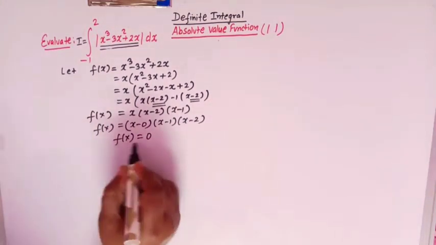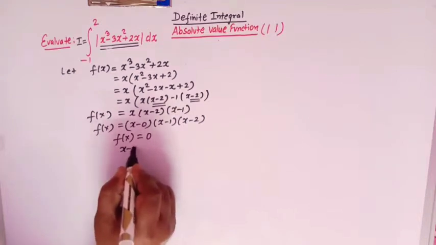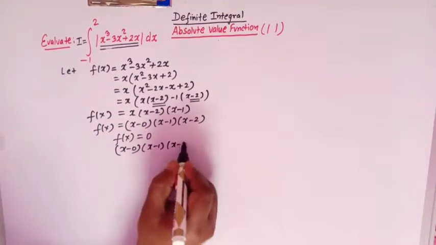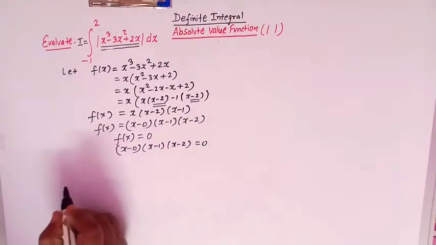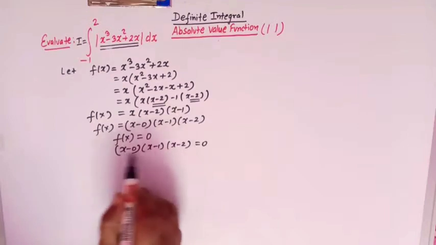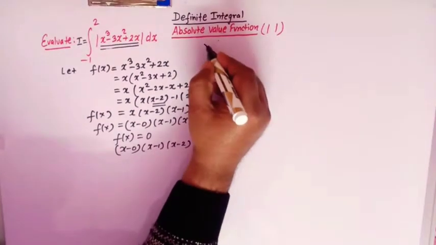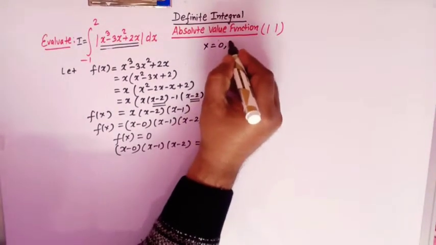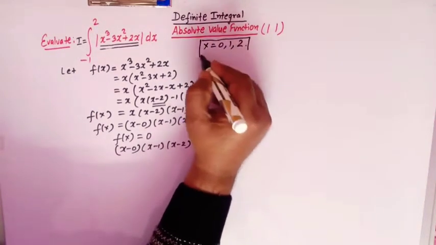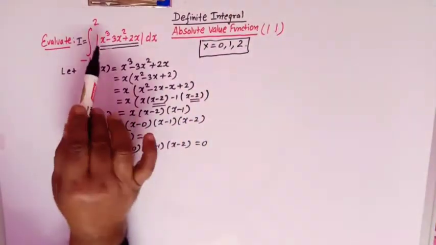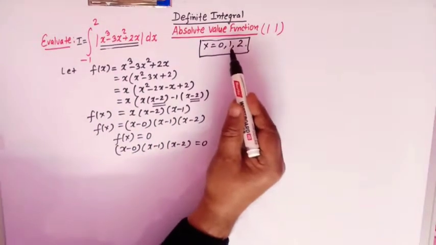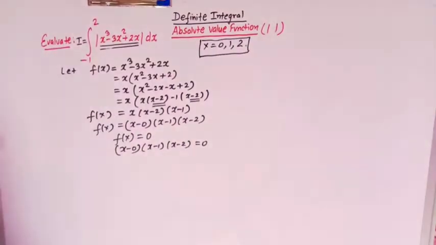So f of x equal to 0 gives us x minus 0, x minus 1, x minus 2 equal to 0. Solving this equation, we get 3 roots: 0, 1 and 2. So the zeros of this cubic polynomial are 0, 1 and 2.